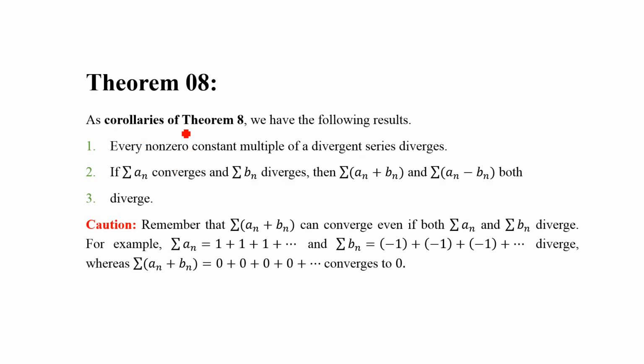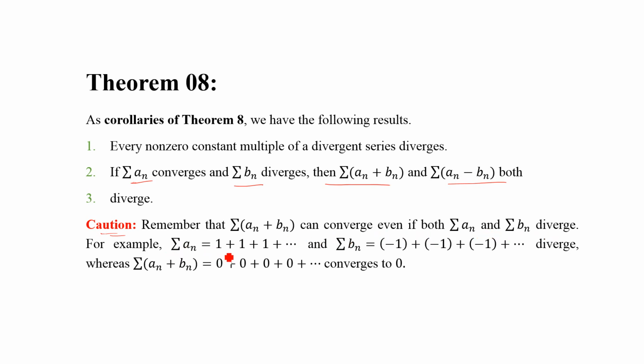As a corollary of this theorem, we have the following result. Every non-zero constant multiple of a divergent series diverges. If sigma a n converges and sigma b n diverges, one series convergent and the other divergent, then the sum and difference both diverge. Again, here is a caution. Remember that sigma (a n plus b n) can converge even if both sigma a n and sigma b n diverge.